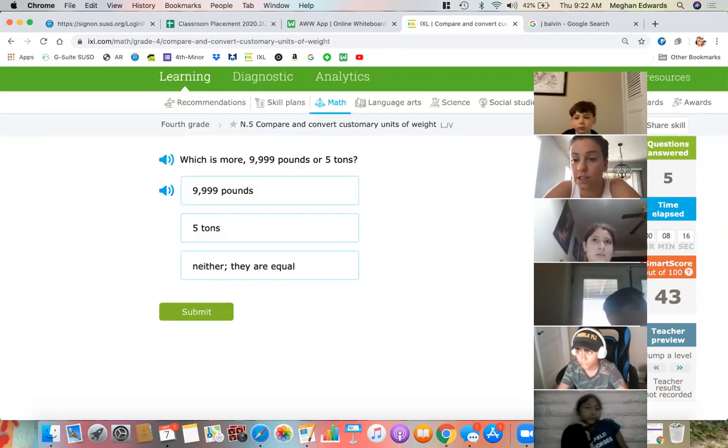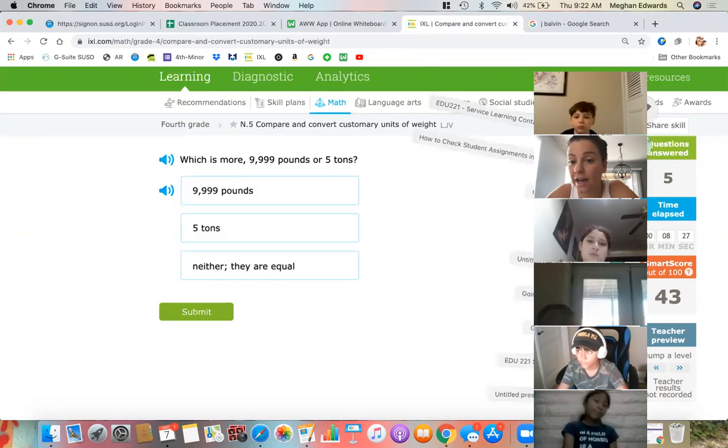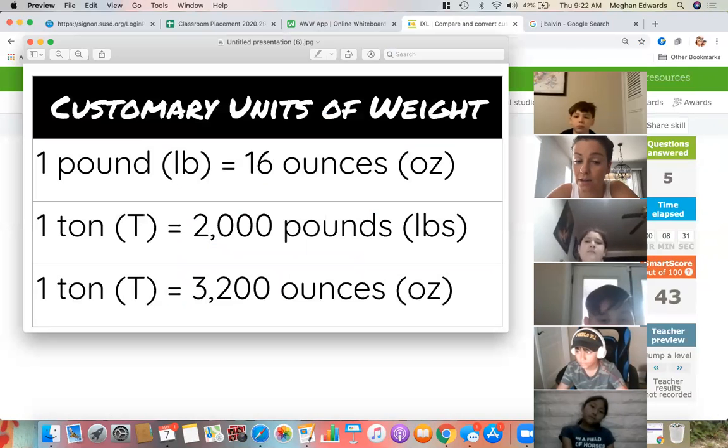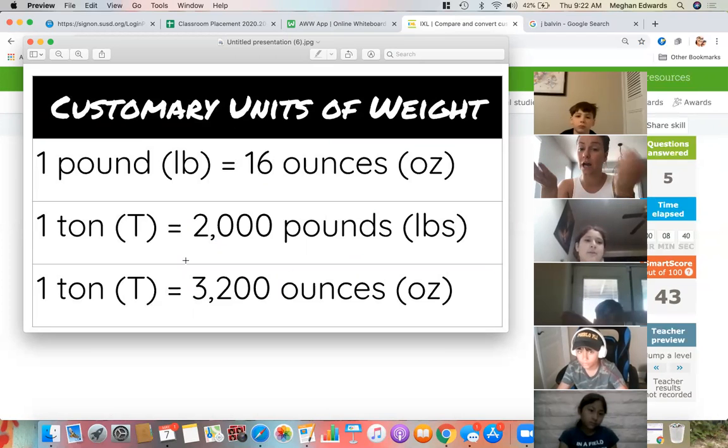All right, this question says, which is more, 9,999 pounds or 5 tons? Again, we have to look at our chart and ask ourselves, how many pounds are in a ton? We're going to have to convert those tons into pounds so that we're comparing pounds to pounds, not pounds to tons.